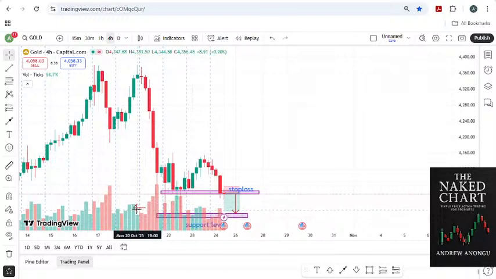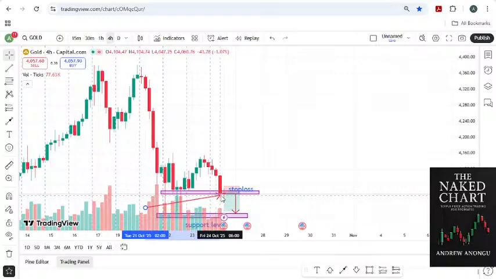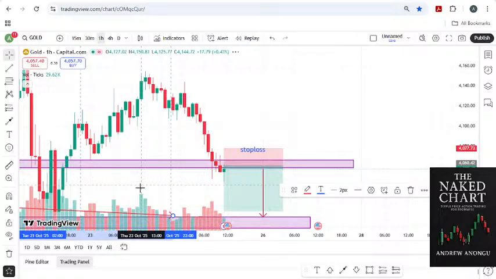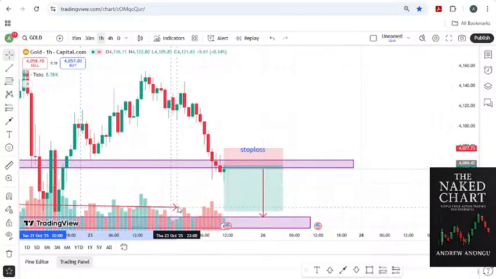The momentum has not yet kicked in, so we anticipate that during the New York session the volume and the momentum will be there to push the market back to our target, the support level. Because the trend is down, we are still looking for selling opportunities on gold.